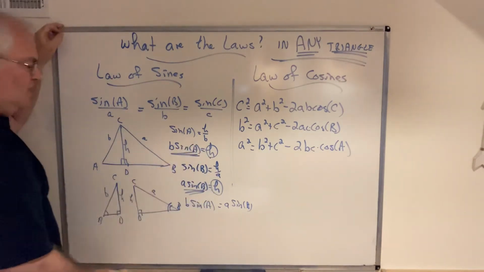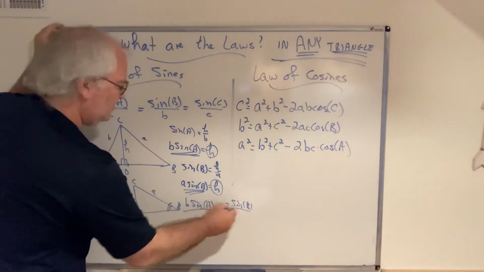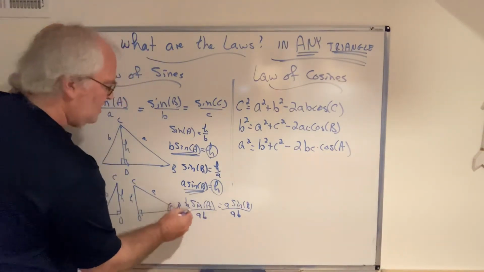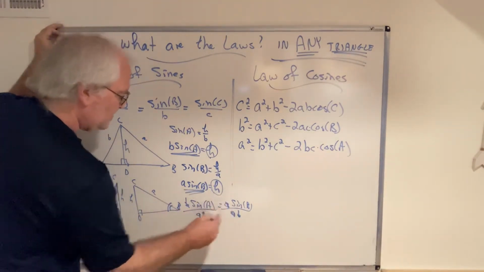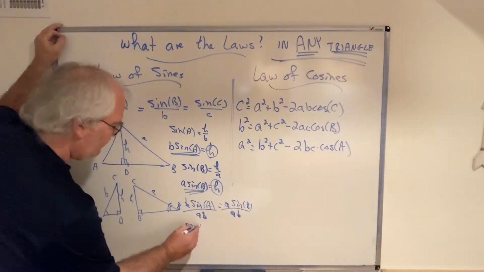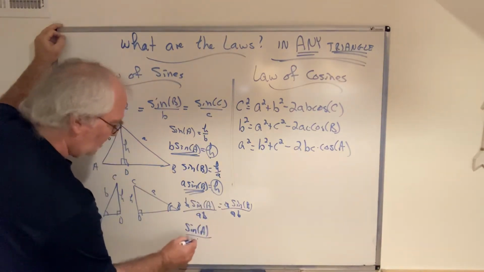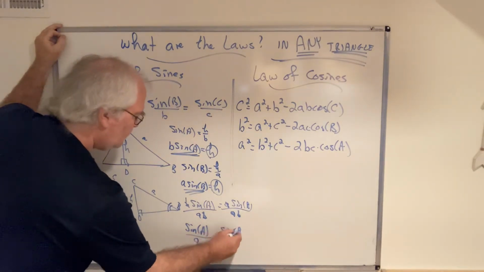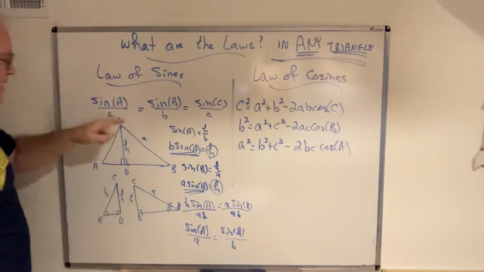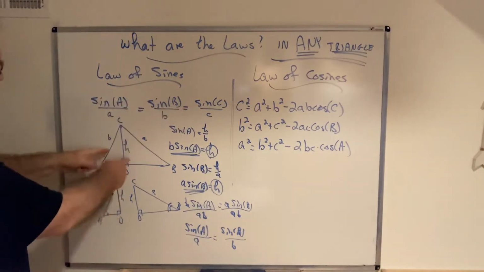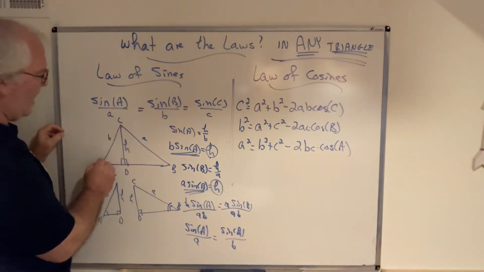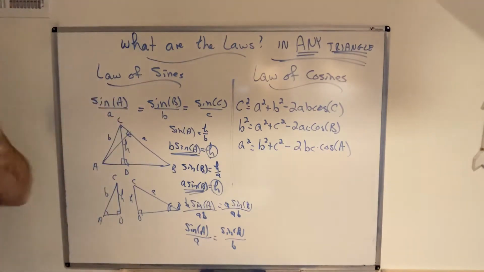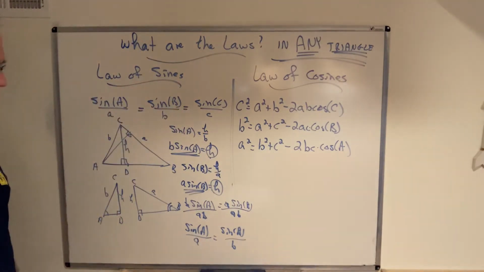And then the only thing left to do is divide both sides of this equation by ab. Here the b's cancel, here the a's cancel, and we're left with sine of A over a is equal to sine of B over b. And to get sine C, just drop the perpendicular from a different angle and go through exactly the same argument, and you'll get sine of C over c also.